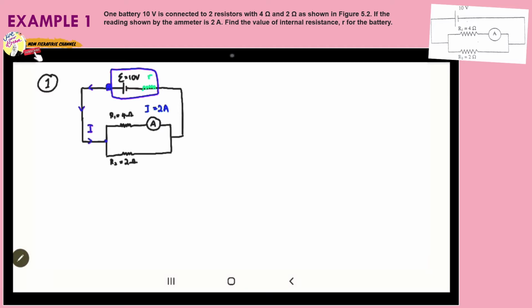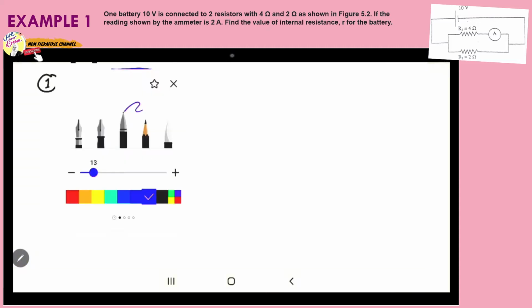So what happens when the current I reaches the junction? I will split into two parts, which are I1 and I2, where I1 will flow through R1, and I2 will flow through R2. So actually, the ammeter will read the current I1.